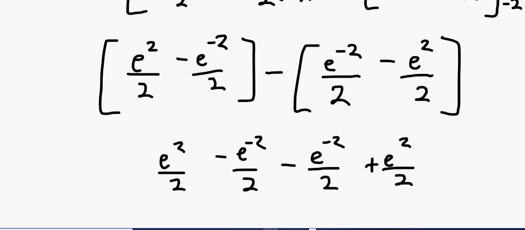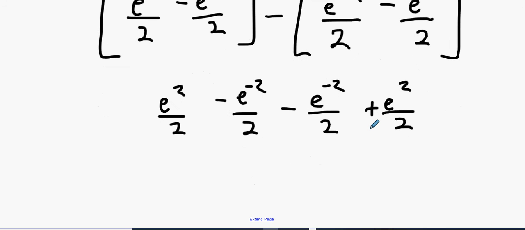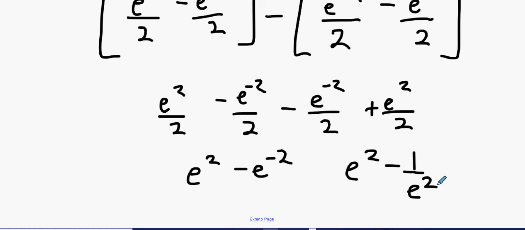Two of them are the same, so what's a half plus a half? What's a half e squared plus a half e squared? e squared. What's minus a half minus a half? Minus 1. What's minus a half e to the minus 2 minus another half e to the minus 2? Just minus e to the minus 2. And your answer could probably look something like this. Alright? Anybody get that far? Did you just leave it like that?